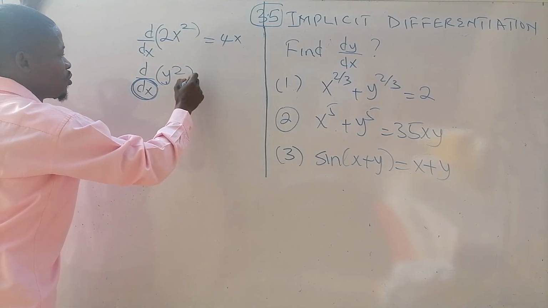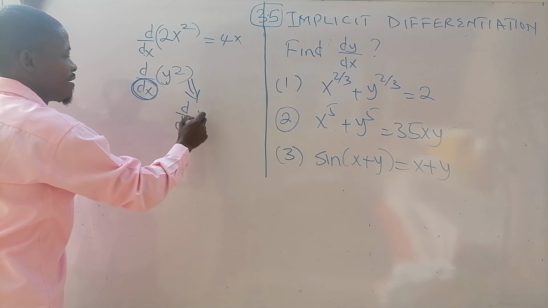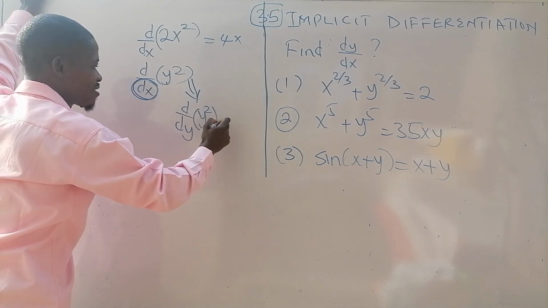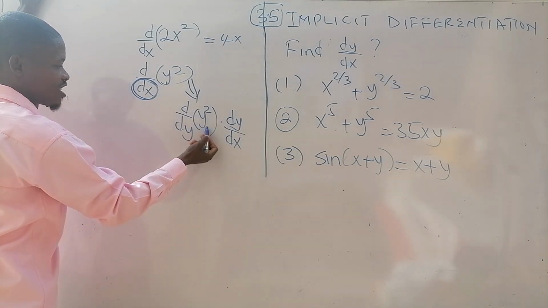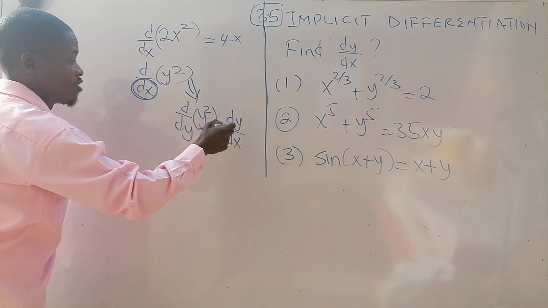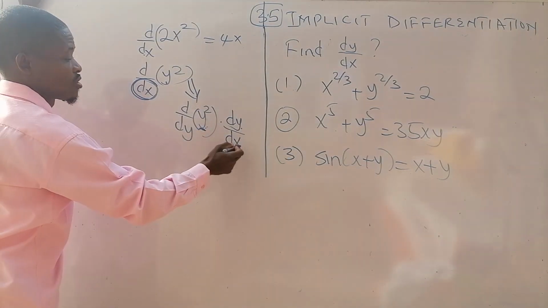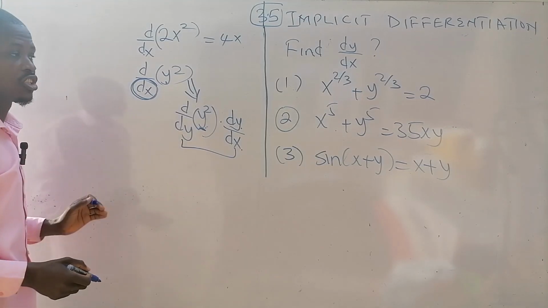So this is going to be equal to d/dy of that function times dy/dx. You differentiate with respect to its own variable, after that, you differentiate with respect to x. So that's how to do the implicit differentiation.